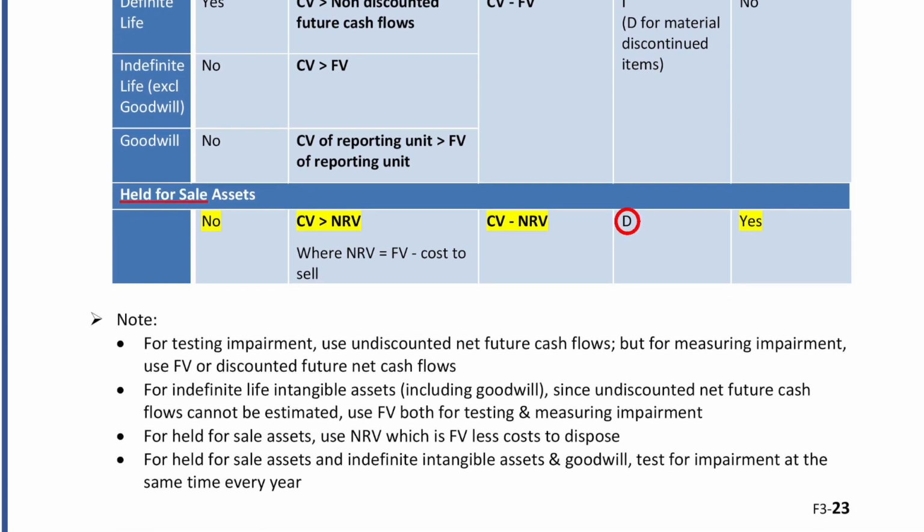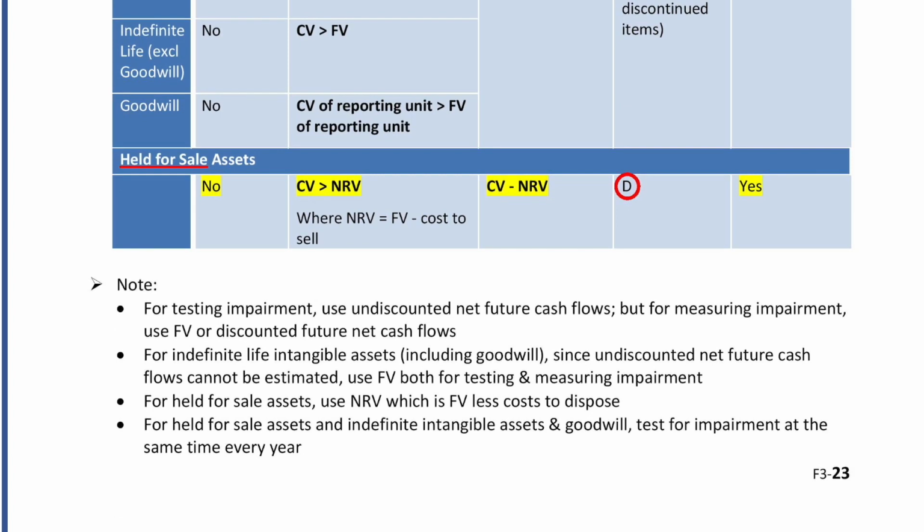Now we got a few notes on this page. First one, highlight for testing impairment. This is for held for use assets. You got to use undiscounted net future cash flows. But for measuring impairment, as we've seen above, you got to use fair value, which is basically discounted future net cash flows.